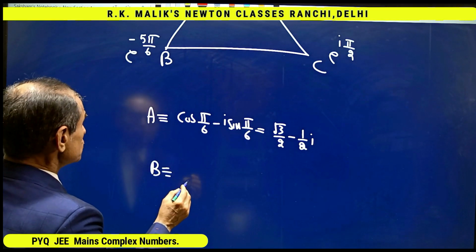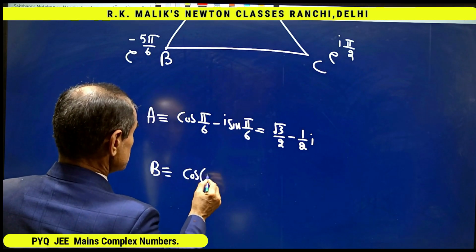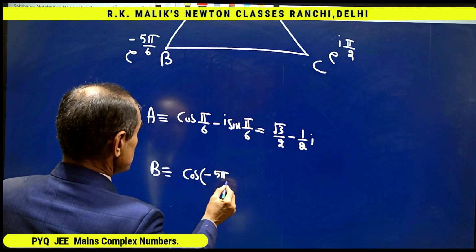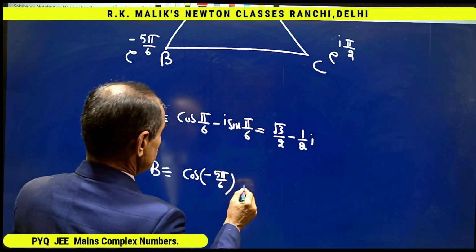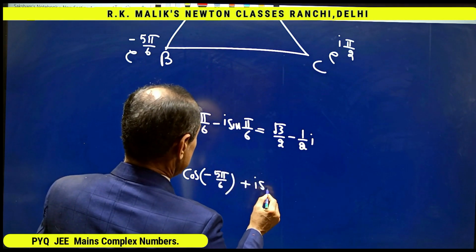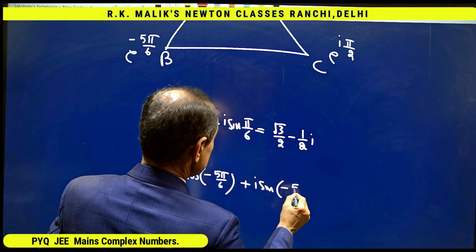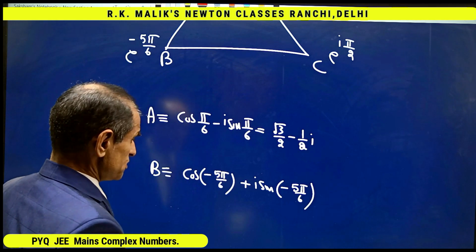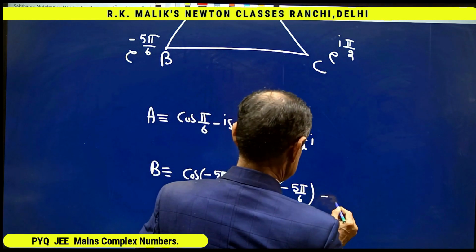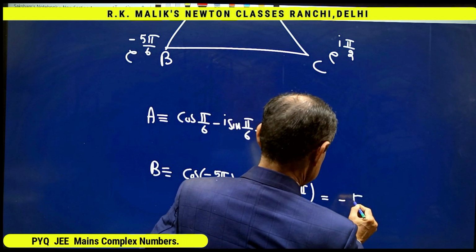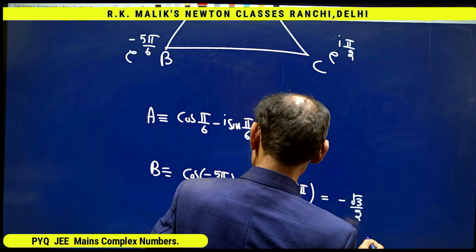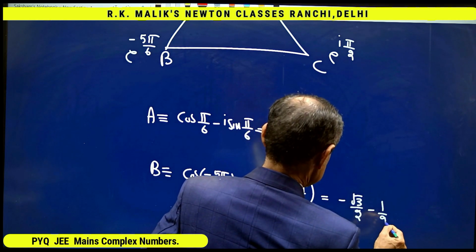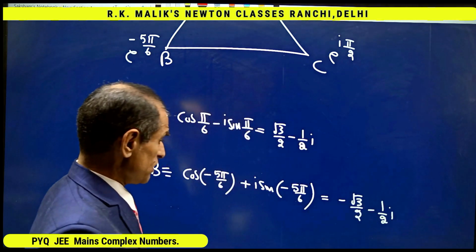B is equal to cos of minus 5 pi by 6 plus i sin of minus 5 pi by 6. That is, minus root 3 by 2 minus 1 by 2 i.